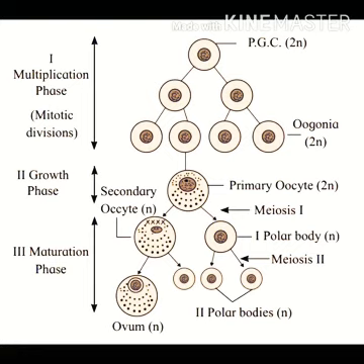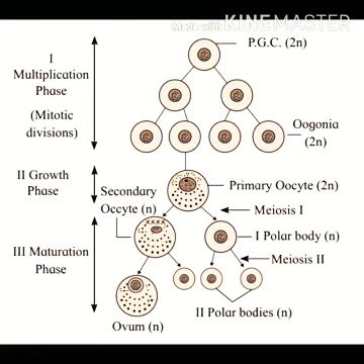As you know, mitotic division is also known as equational division. Hence, as the PGCs are diploid in number, the oogonial cells are also diploid in number. This process is completed in the embryonic stage of human females, as we already studied in the structure and development of the ovary.